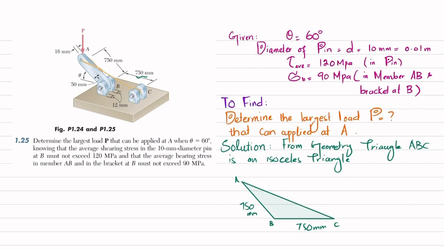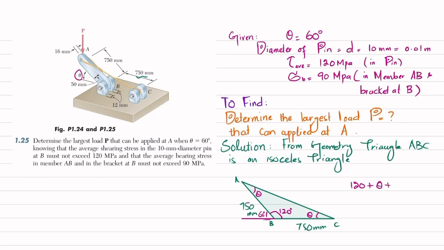Now you can see that we have been given this angle as 60 degrees, so this angle will be taken as 60 degrees. The remaining angle will be 120 degrees, and this will be theta and this will be theta. Since it is an isosceles triangle, two sides are the same, so both thetas will be the same. The sum of all angles in a triangle is equal to 180.